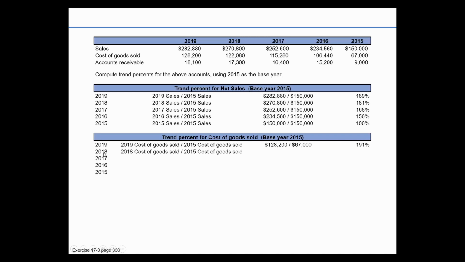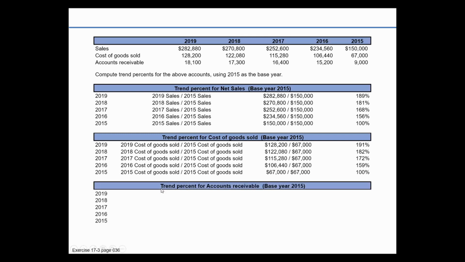So we do the same thing. So 2018, we take 2018 cost of goods sold divided by 2015 cost of goods sold. 122,080 divided by 67,000 is 182%, and you just do the same thing then for each year. So again, we're looking at cost of goods sold, so the year that you're interested in divided by the base year.